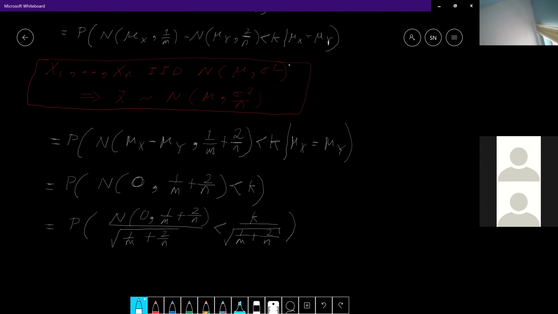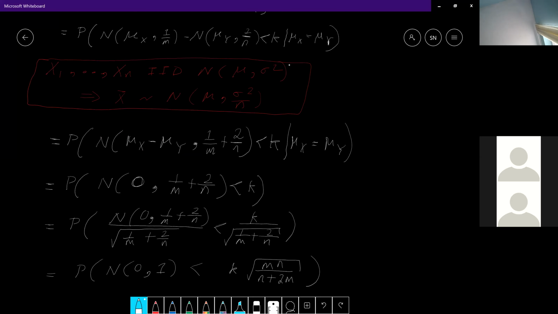Now the left-hand side will become the standard normal variable, and the right-hand side you can simplify a little bit. It will be k times the square root of mn divided by n plus 2m.